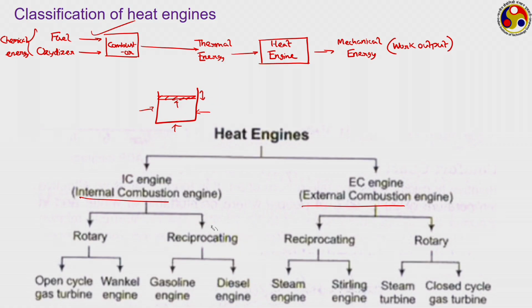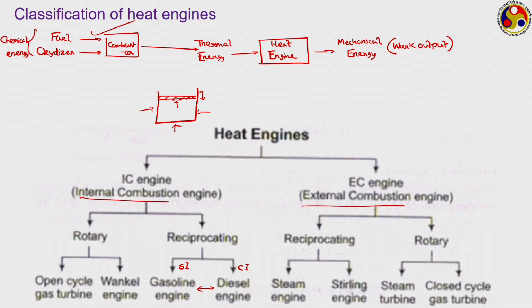Now, examples of reciprocating engines, as we have already discussed, are gasoline engines, or more commonly spark ignition engines. We have talked about the Otto cycle, which is the ideal cycle for the spark ignition engine, and diesel engines, or more commonly compression ignition engines. We have talked about the diesel cycle, which is the ideal cycle for diesel engines. They are examples of reciprocating engines, and by now we know their working principle.